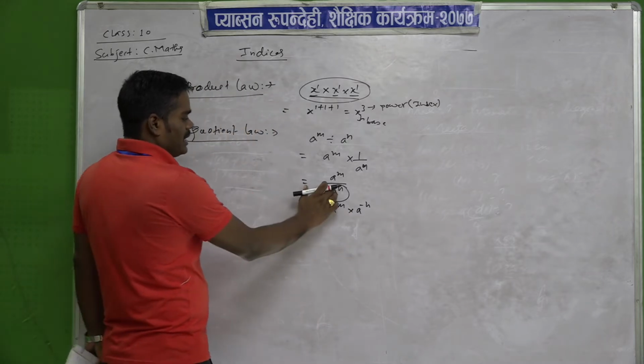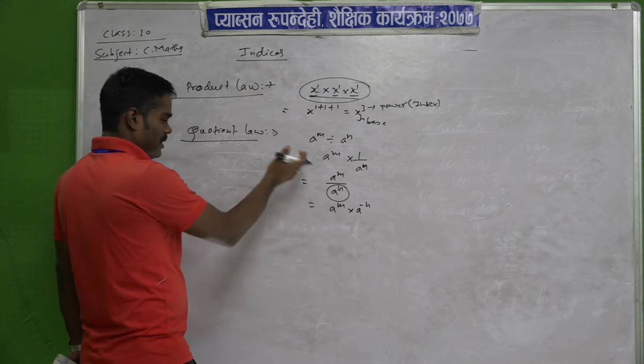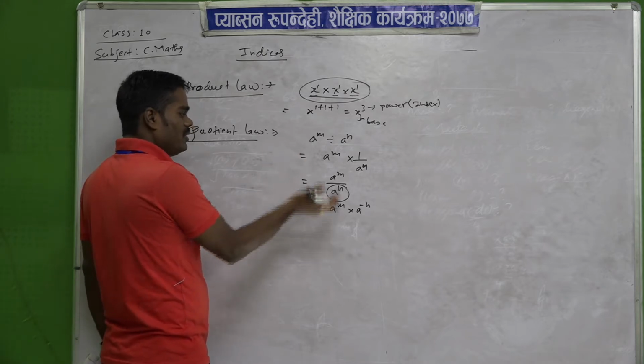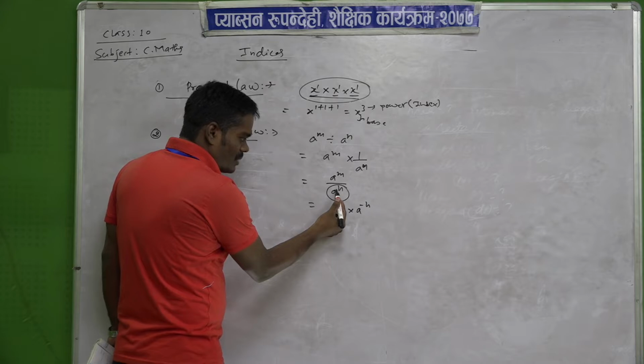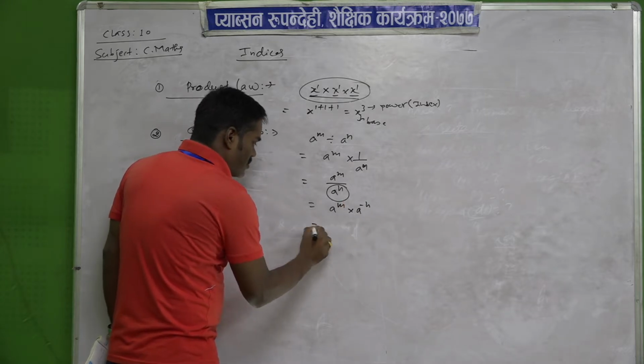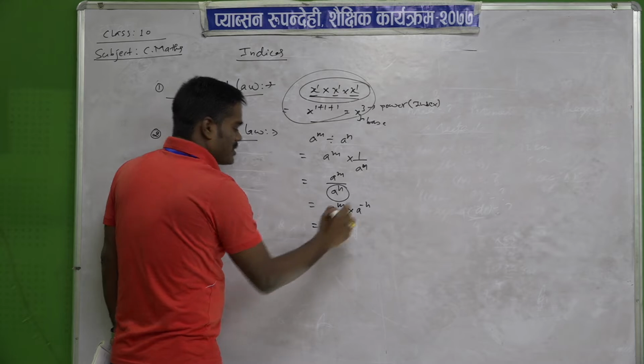If plus power is here, then while transposing from numerator to denominator or denominator to numerator, the sign of power will change. Being plus here, it becomes minus. Again you can use the product law here: bases are same, then powers are added.